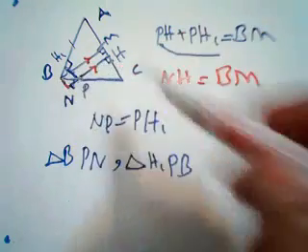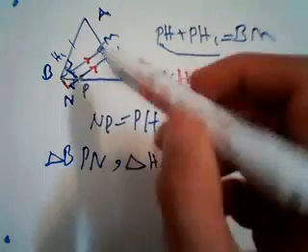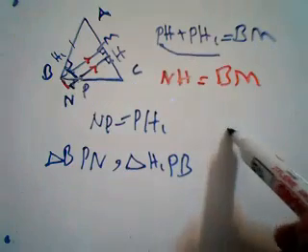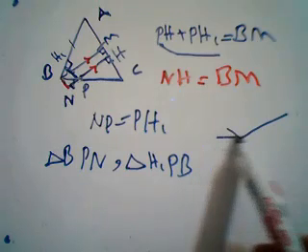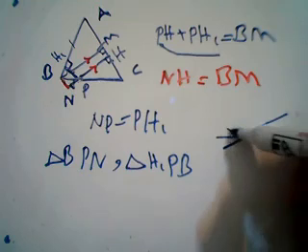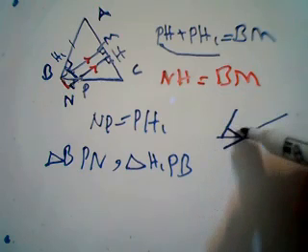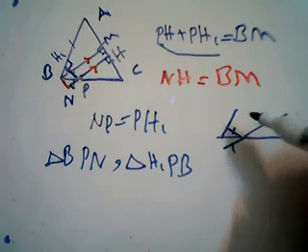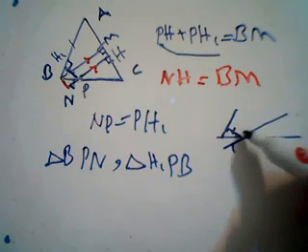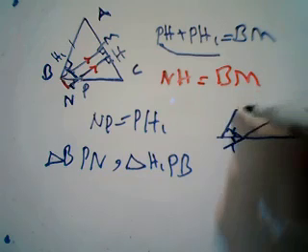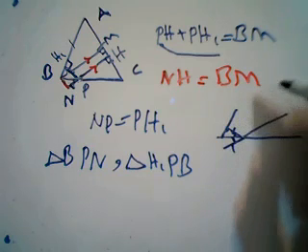Okay, now let me draw it here. So far we know that this is equal to this, and this is the common side, and if this angle is equal to this, then we are done. Okay, and we want to prove it.